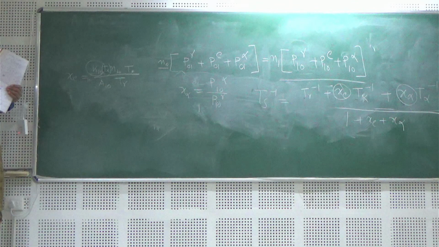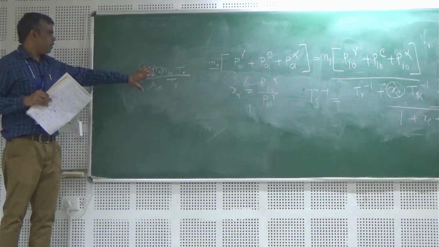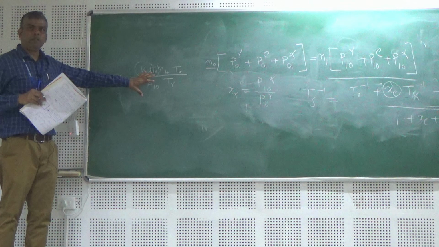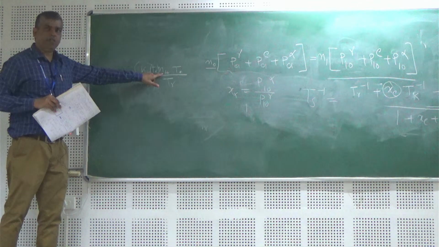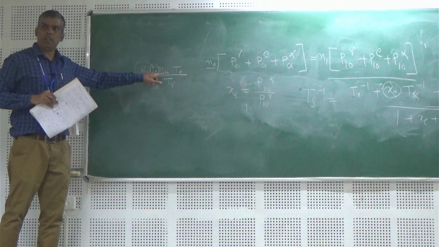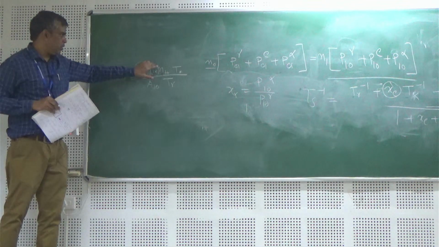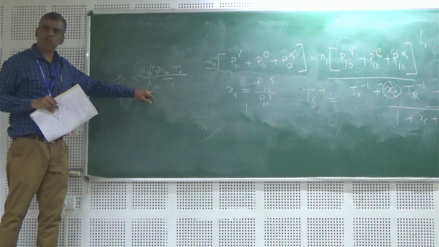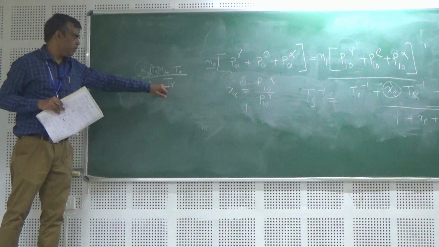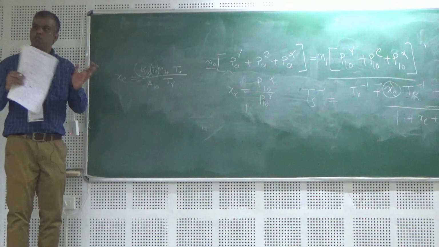So for various kinetic temperatures, the value is given in that table. This is the number density of hydrogen. And we can easily calculate it from the cosmology. So this is where your cosmology goes in. This is a constant, and A10 is also a constant for this transition, and T gamma, the same temperature, is also available.